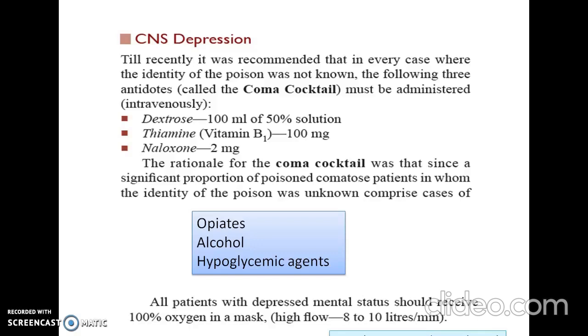The rationale for the coma cocktail combination was that a significant proportion of poisoned comatose patients will have absorbed some poison, which may be opiates, alcohol or hypoglycemic agents.